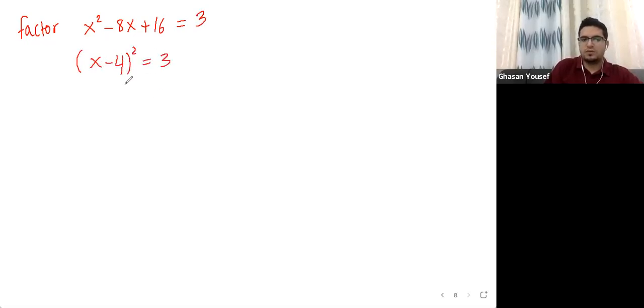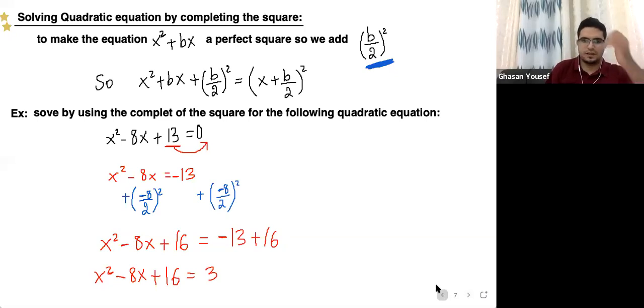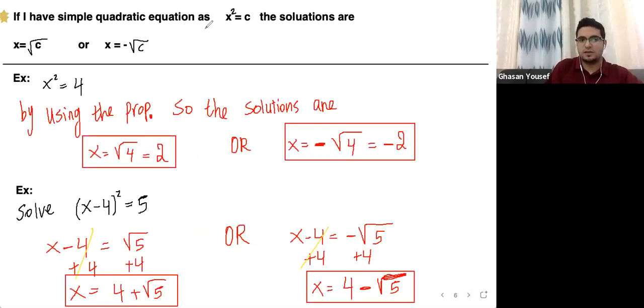Now, by using the property from before, what is the property here? This is a simple quadratic equation. Look at this property. I'm going to call it property star, or property double star, or property 3 star. So you should go back to this property.